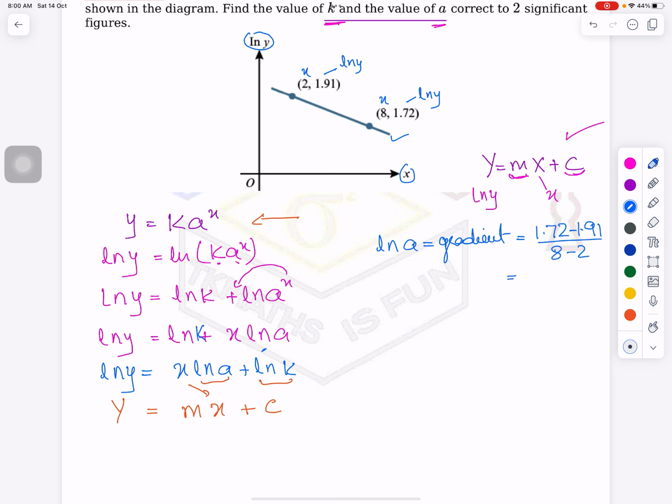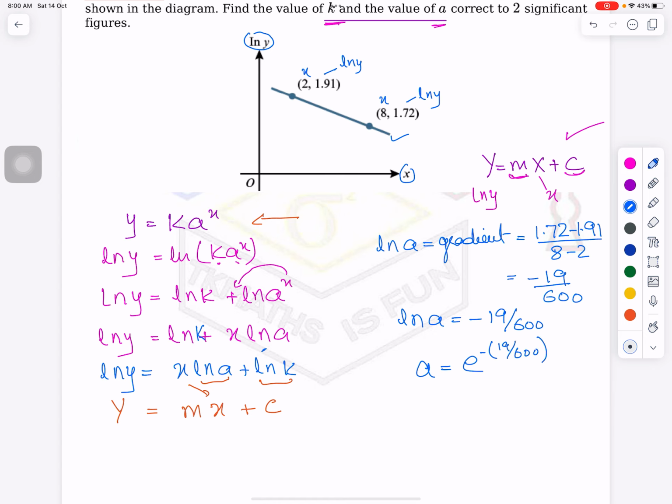Perfect. So use your calculator, please. Okay, so minus 19 upon 600. So now ln a equals minus 19 upon 600. I usually prefer, because we are using a calculator, to use the exact value in the calculator. Then the final answer I will write in 3 decimal places. So this one will become a equals e power minus 19 upon 600.